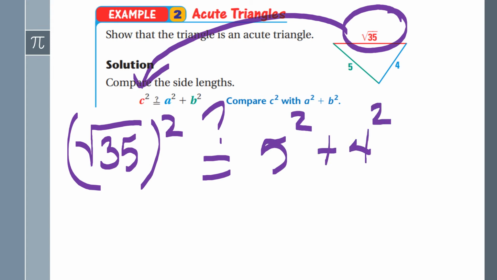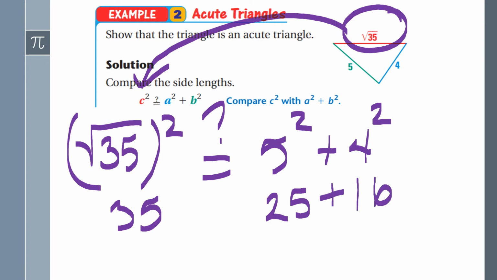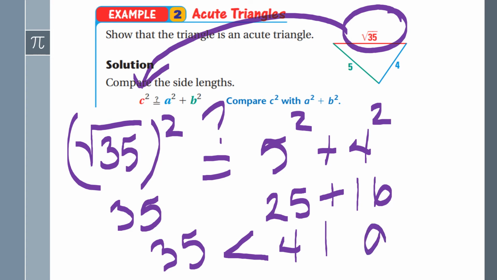Square root of 35 times square root of 35 is 35 itself. 5 times 5 is 25. 4 times 4 is 16. Add those two numbers together, you end up with 41. And now we're going to compare 35 to 41. And since 35 is less than 41, this is an acute triangle.